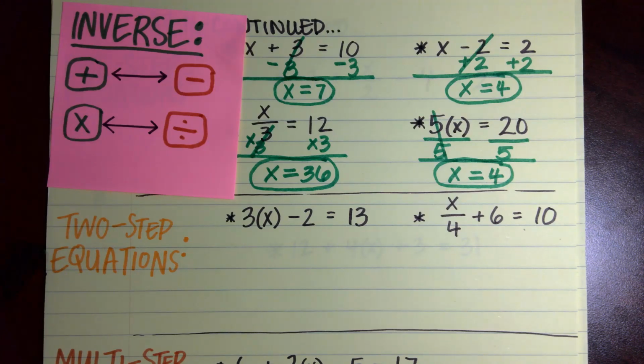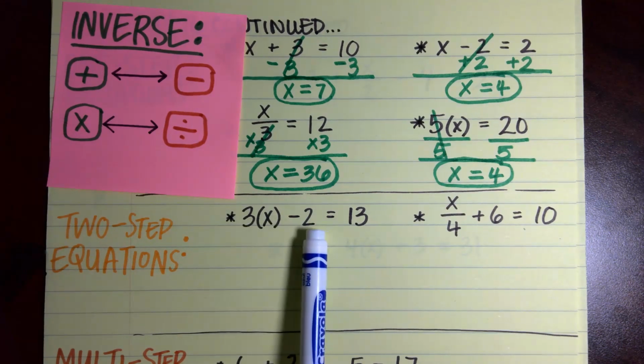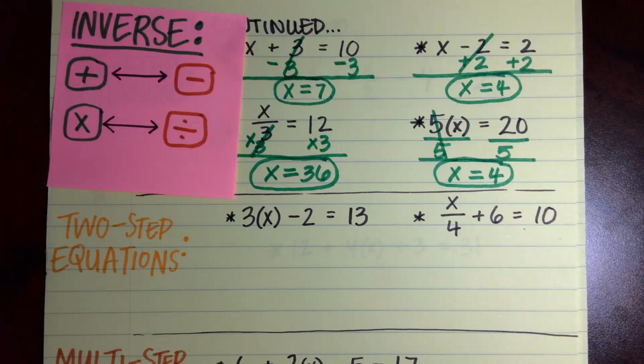That's always the goal, is to isolate the variable, get it on its own. But whenever we have more than one operation, we need to remember which step to do first. So in my first problem here, I have 3 times x minus 2 equals 13. What should I do first?